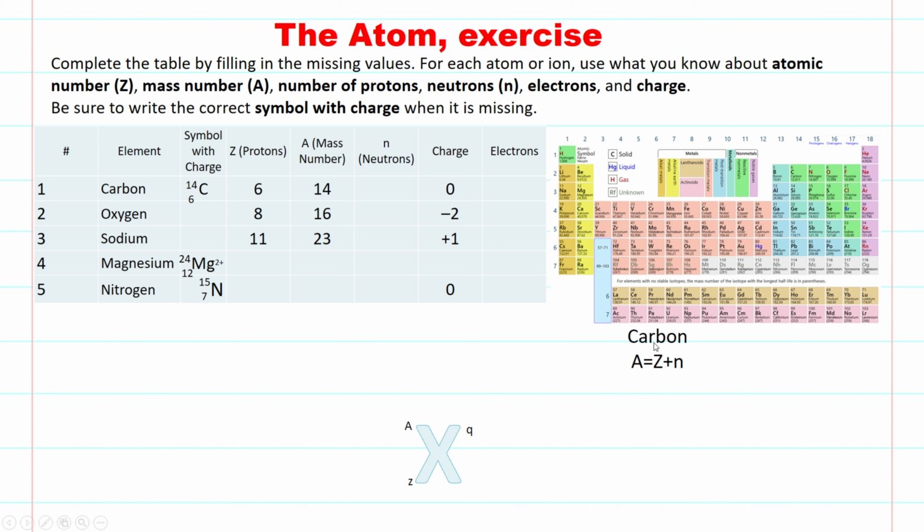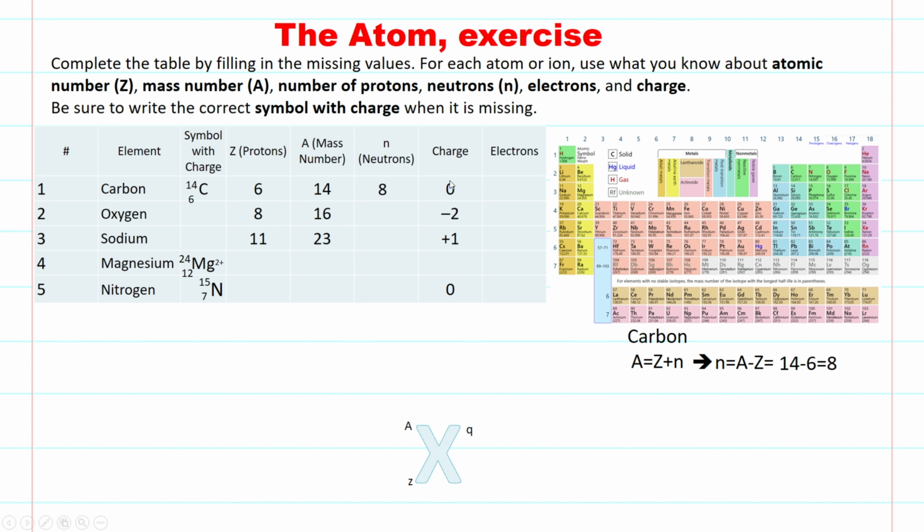So we can use this formula: A equals Z plus N. The mass number equals the total number of protons and neutrons, and that gives N equals A minus Z. That means neutrons equals 14 minus 6 equals 8. So the number of neutrons is 8.